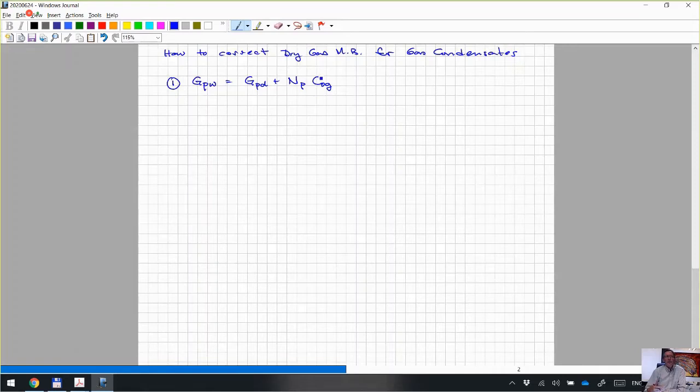The COG could theoretically change a little bit over time. Normally it's neglected, but if it did change over time, then you would have to do it this way. You'd have to do GP dry plus the summation of QO times COG, which is now varying with time.